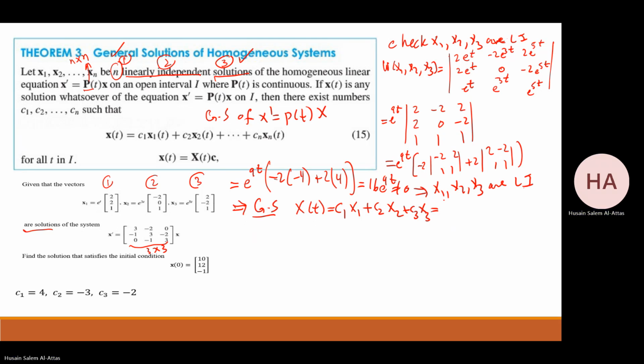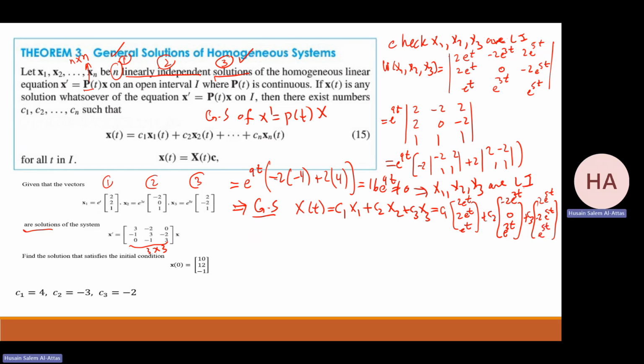That will be c1 times 2 e^t, 2 e^t, e^t, plus c2 times minus 2 e^3t, 0, e^3t, plus c3 times 2 e^5t, minus 2 e^5t, e^5t.